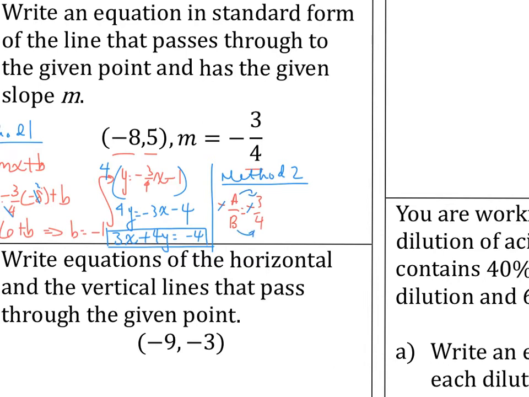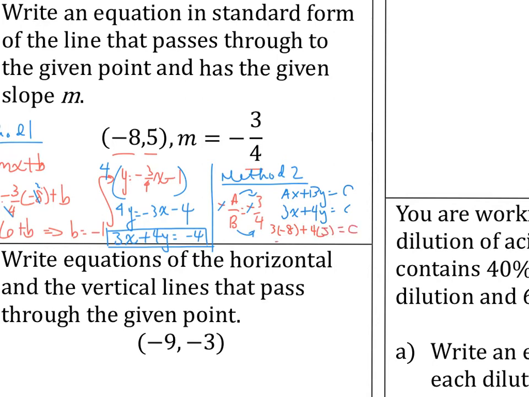And now I can take the standard form, ax plus by equal to c, and I can substitute in 3 for a and 4 for b. Now I need to solve for c by plugging in negative 8 for x and 5 for y.